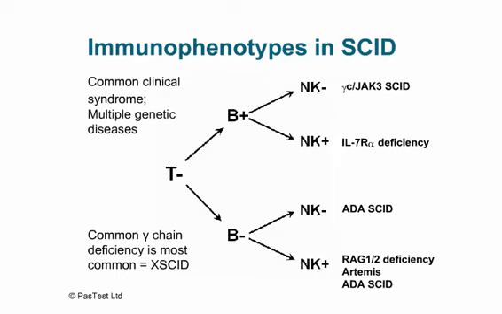That's because there's a defect with the signaling pathway downstream from the T cell receptor, so that the T cells are never able to become activated, and the part of that signaling cascade that is critically involved is shared between T cells and NK cells, but not B cells.